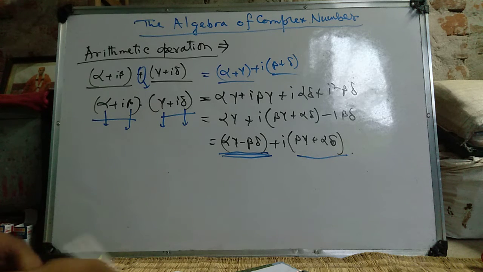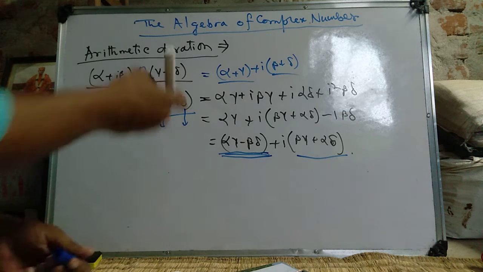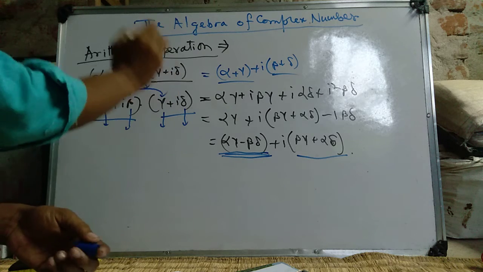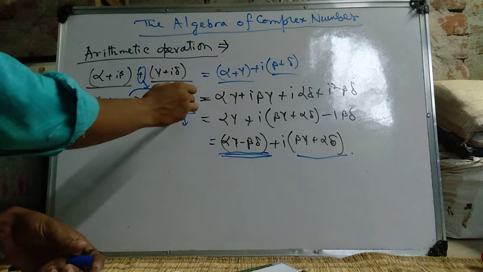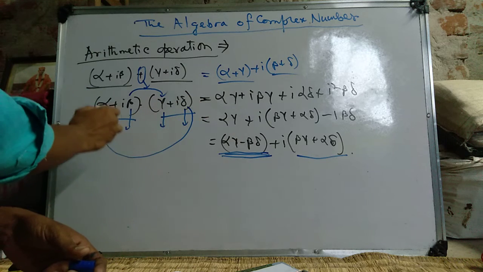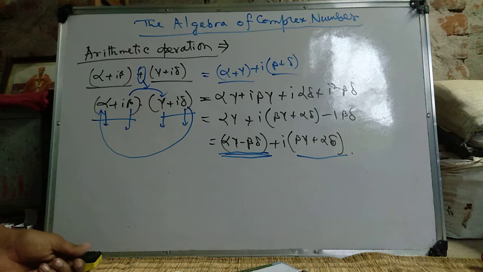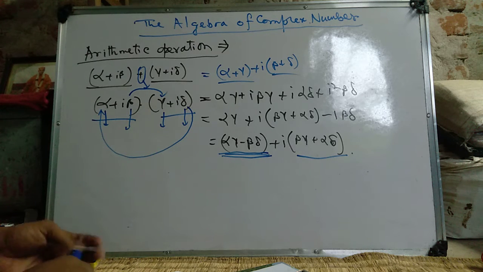That is the real part of the product. Next, how do we form the imaginary part? Simply, the imaginary part multiplied by the other real part, and this imaginary part multiplied by the other real part. Then we find beta gamma plus alpha delta. In this way we obtain the multiplication of two complex numbers.